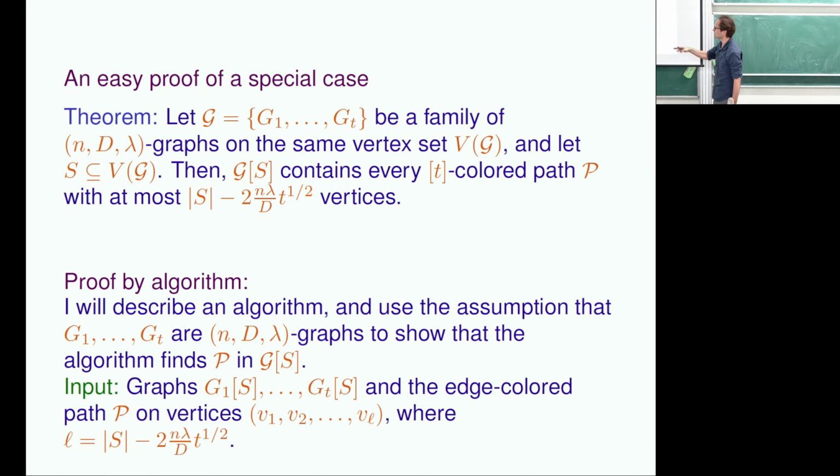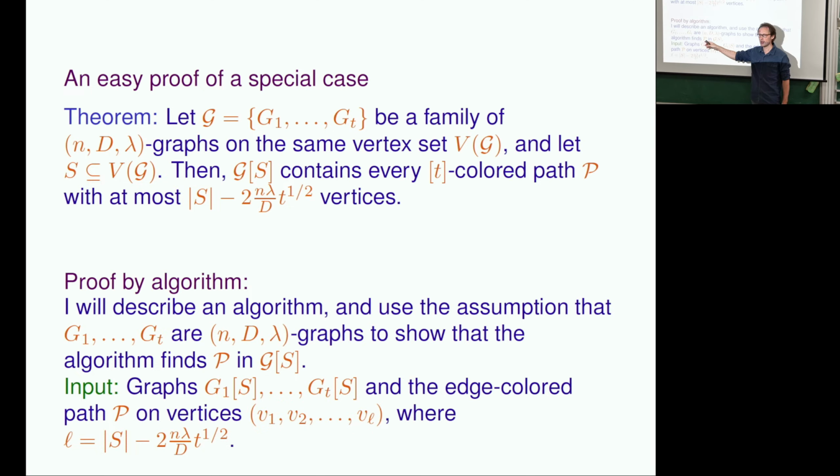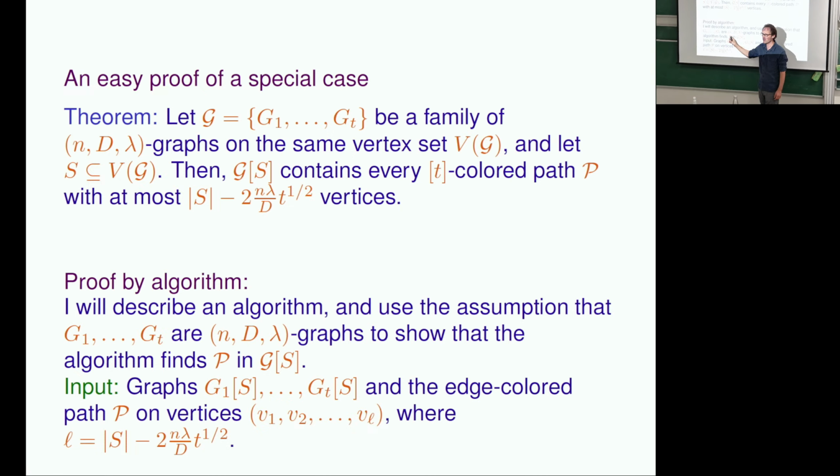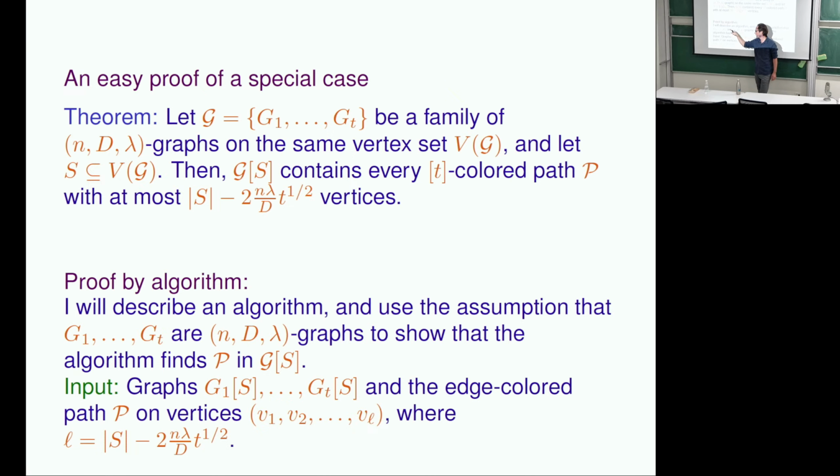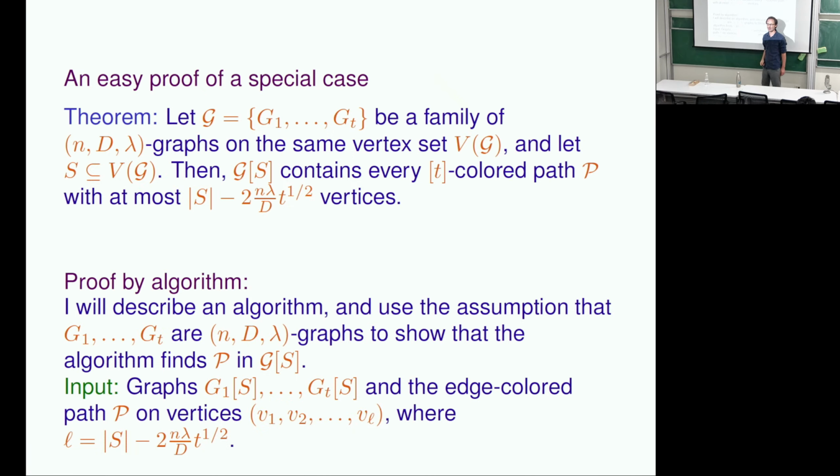So the idea is that each edge in P has a label between 1 and t, and when we find it, we have to use the edge from that particular graph.